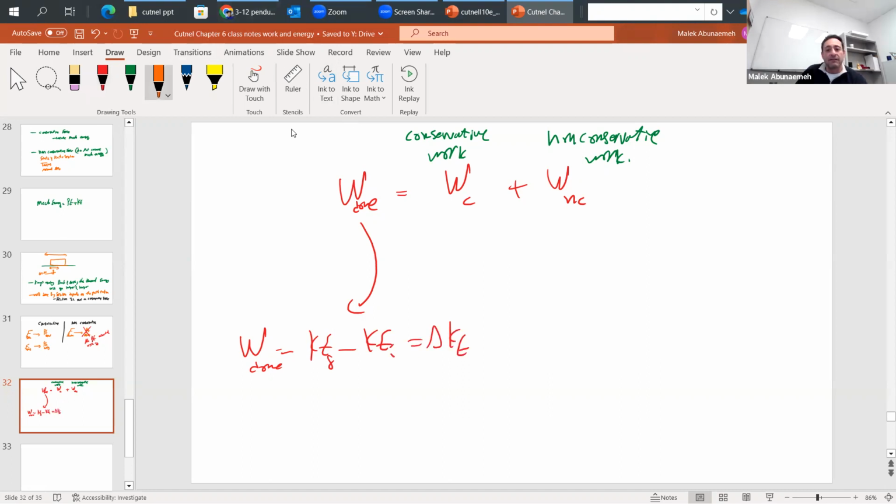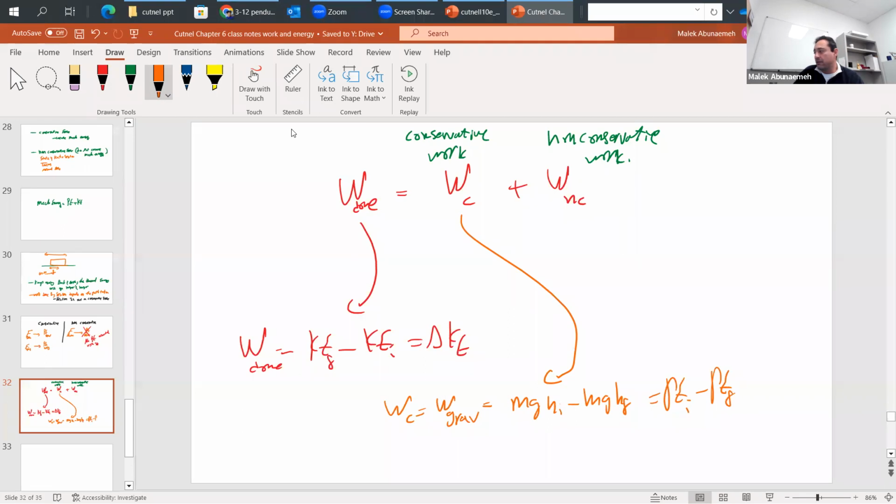Your conservative work is going to be your gravitational work, which is mghi minus mghf, which is your potential energy initial minus potential energy final, which is minus your change in potential energy. And that's what we just saw.